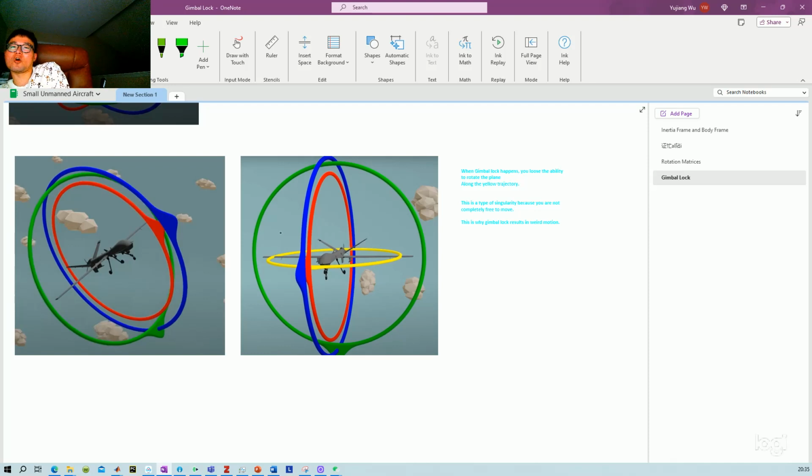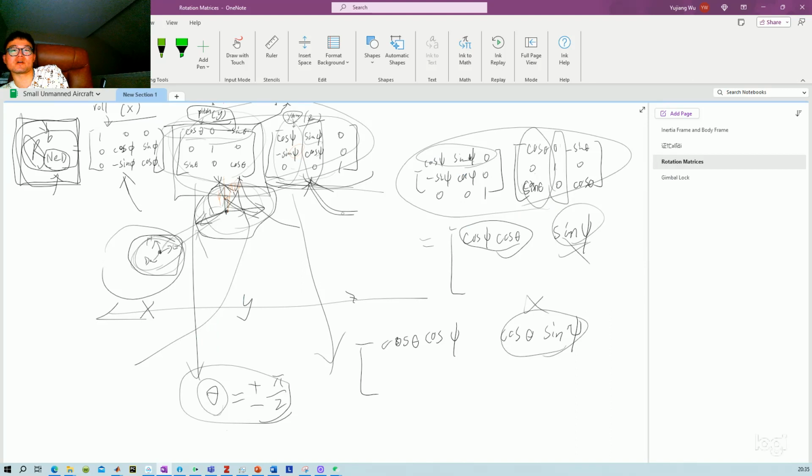You can still move, however the degrees of freedom are not the same as before, where you have three combinations of rotation in different degrees of freedom.